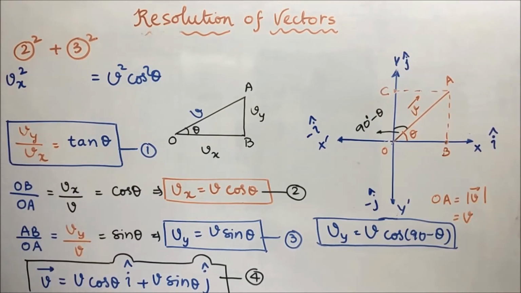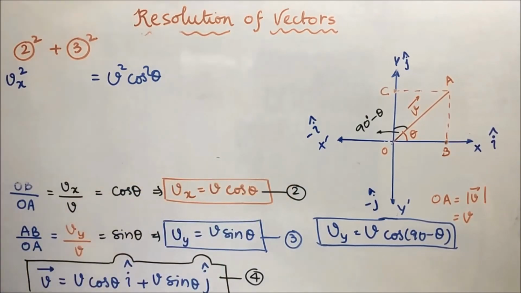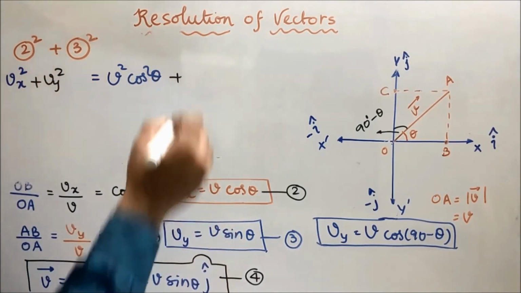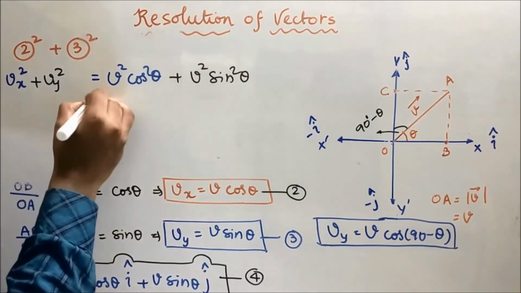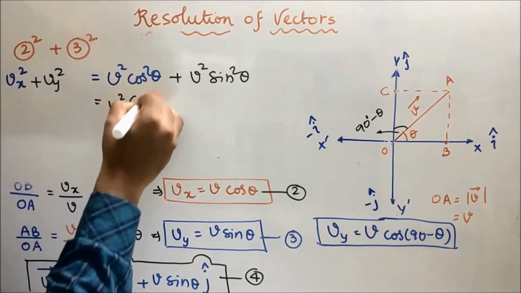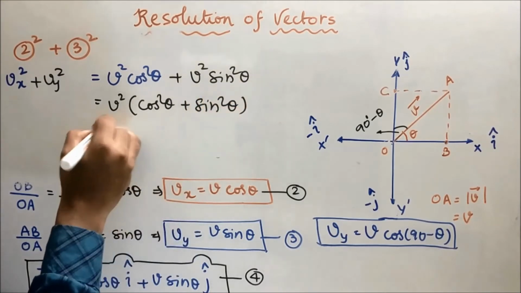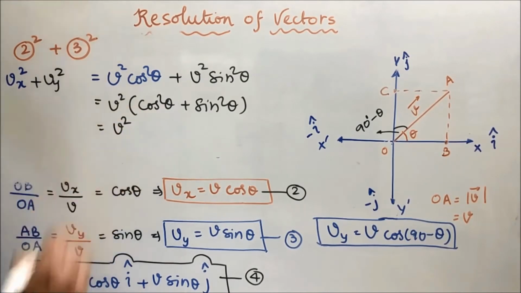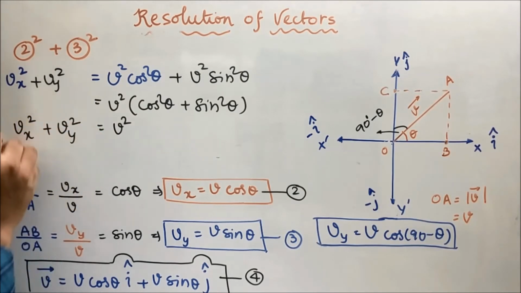Next, Vx square plus Vy square, and what is on the right hand side? v square sine square theta. So I can take v square as common, so I'll have cos square theta plus sine square theta. What is cos square theta plus sine square theta? 1. What is v square? V square is equal to Vx square plus Vy square.